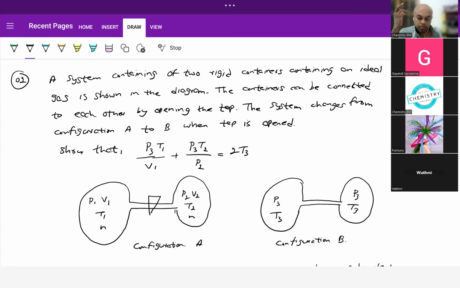The containers can be connected to each other by opening the tap.